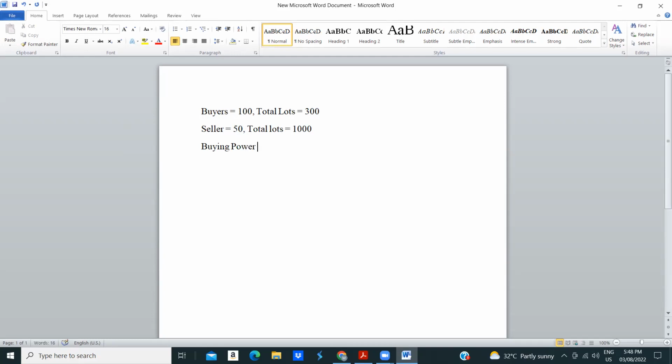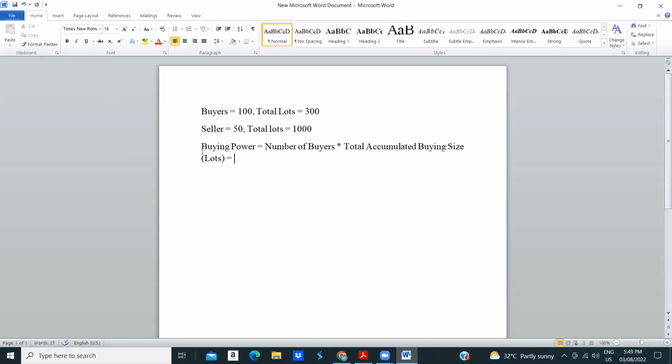So what is the buying power formula? The buying power formula is number of buyers multiplied by total accumulated buying size, which is in lots. This will give you the buying power.